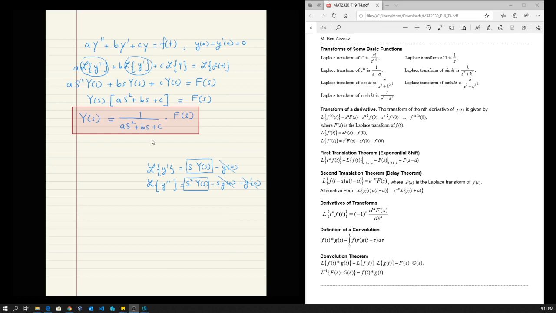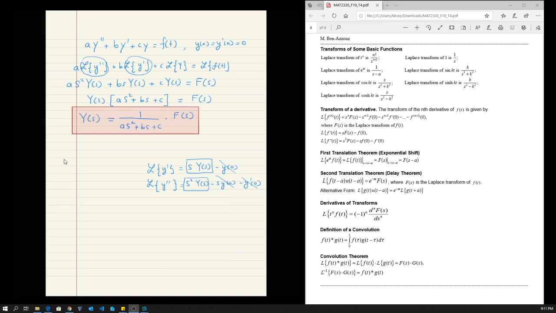But engineers actually like to stop here because based on this, and specifically this part right here, they can know exactly what's going on with the system. They can understand and analyze the system and the behavior of the system through this part right here. They don't even have to go back to the time domain.